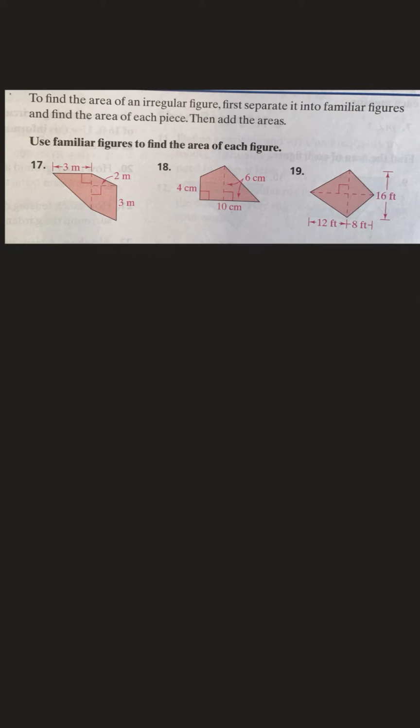To find the area of an irregular figure, first separate it into familiar figures and find the area of each piece. Then add the areas. So let's start out with number 17. If we are looking at this figure here, that looks like a triangle, and this one here looks like a parallelogram.